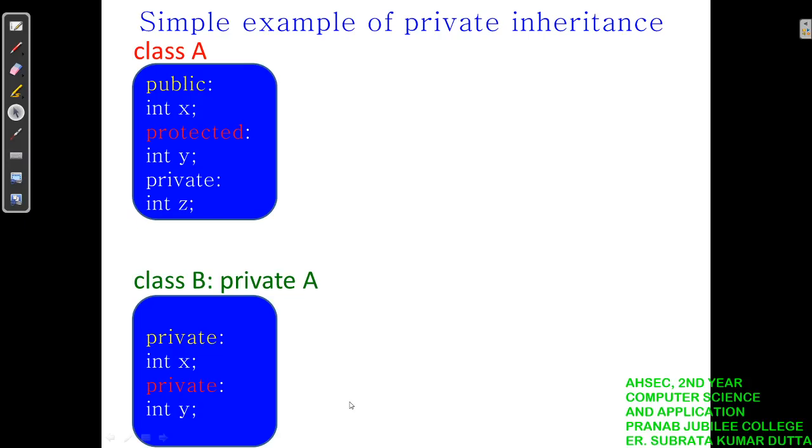It will depend upon the requirement, what software you are designing, what functionality you want to give. So depending upon the requirement, these access specifiers or visibility modes are used. All right, so I hope you have understood these points about inheritance and visibility mode.